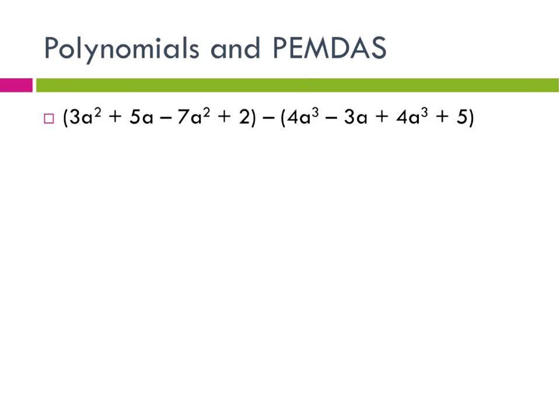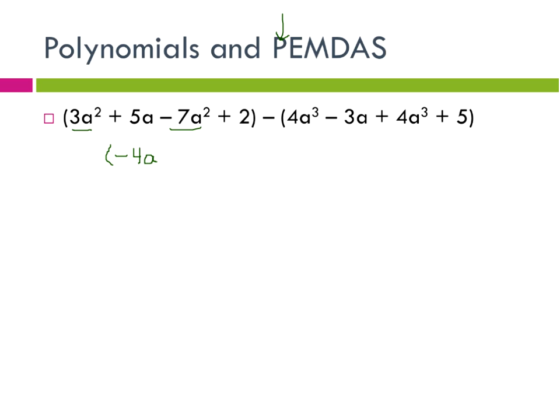So looking at those order of operations, we have something like this. 3a squared plus 5a minus 7a squared plus 2, and we're subtracting from that 4a cubed minus 3a plus 4a cubed plus 5. In order of operations, P parentheses, I'm going to start by simplifying what's in parentheses, and I see that I have a 3a squared and a negative 7a squared.